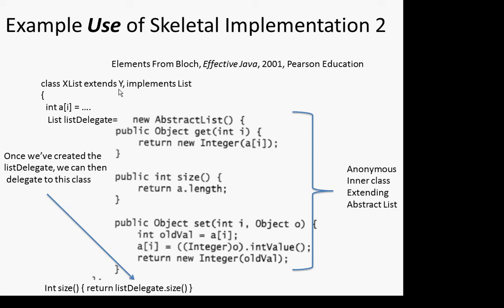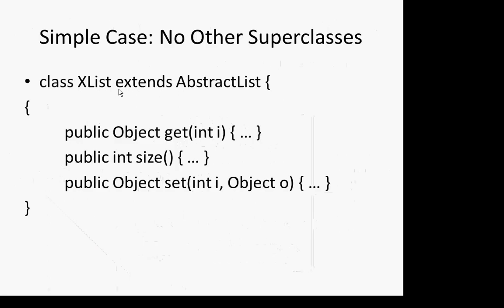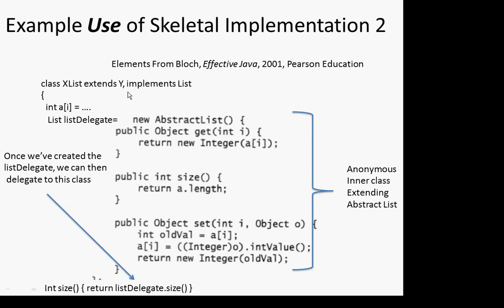So in many cases we may be able to do this. If we can't and we want to inherit from something else, we still don't have to write all the code associated with implementing list. We could just get a delegate here by implementing the couple pieces remaining in abstract list and just delegate to that.